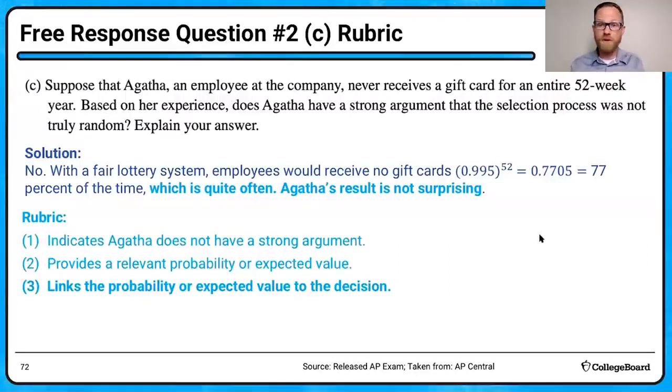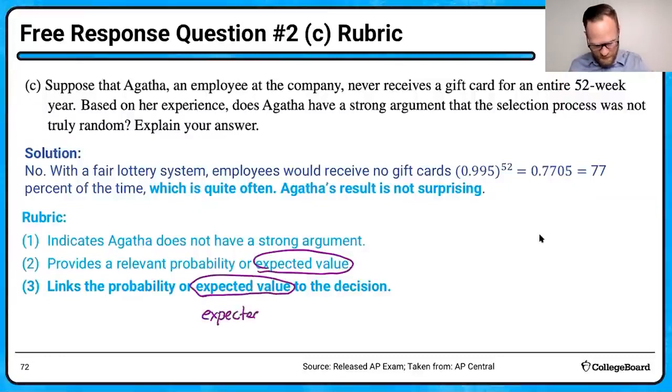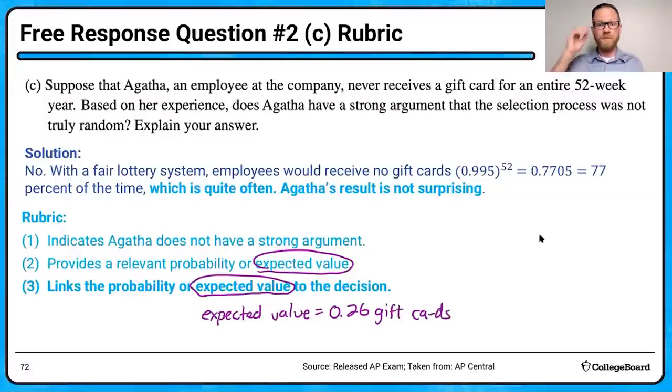Now, there was one other approach that you could take on this problem that would still get you full credit, and you see it in the rubric here, this idea of expected value. Well, this is what we did in part B of the question. In part B, we calculated the expected value, and that expected value was 0.26 gift cards. So on average, over many, many years, an employee would expect to win about 0.26.